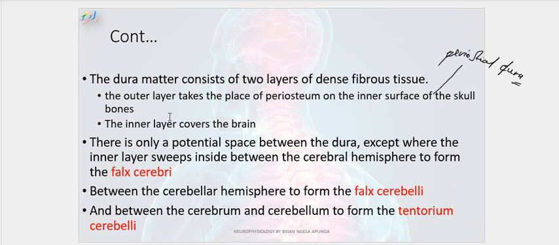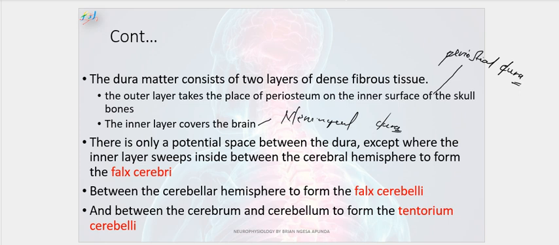And we have the other layer that covers the brain. This is normally referred to as the meningeal dura. We are told that between these two layers of the dura, there's only a potential space.